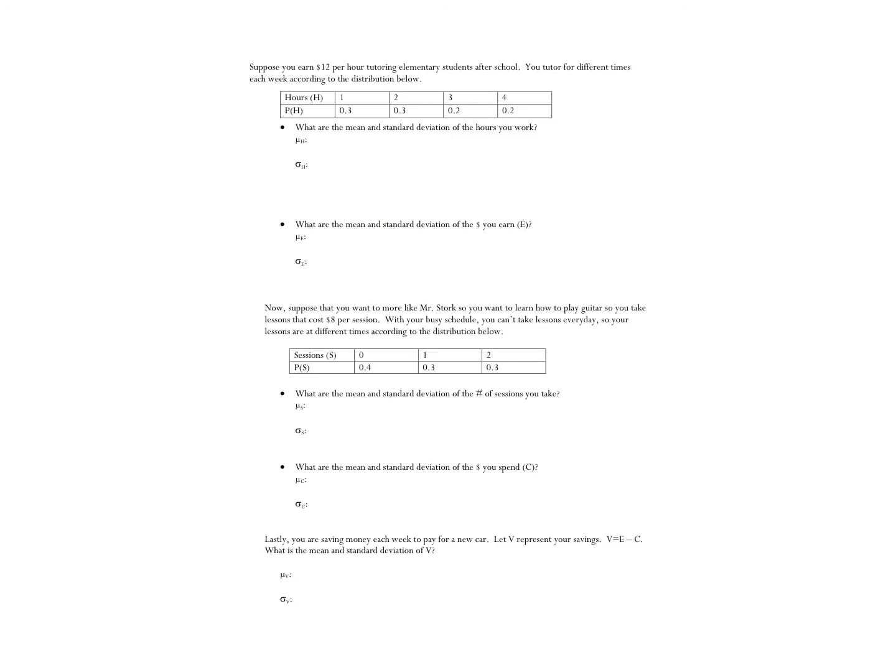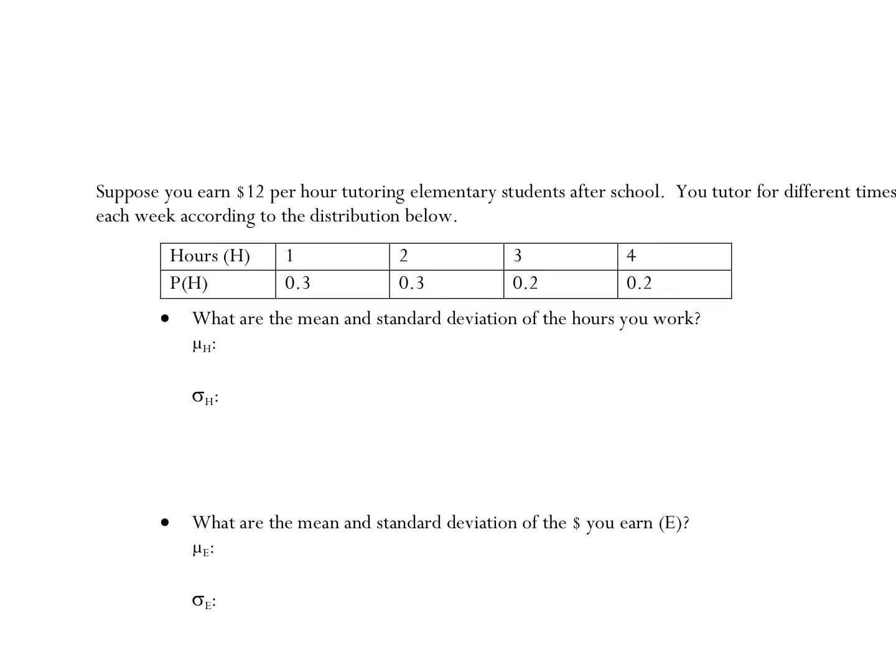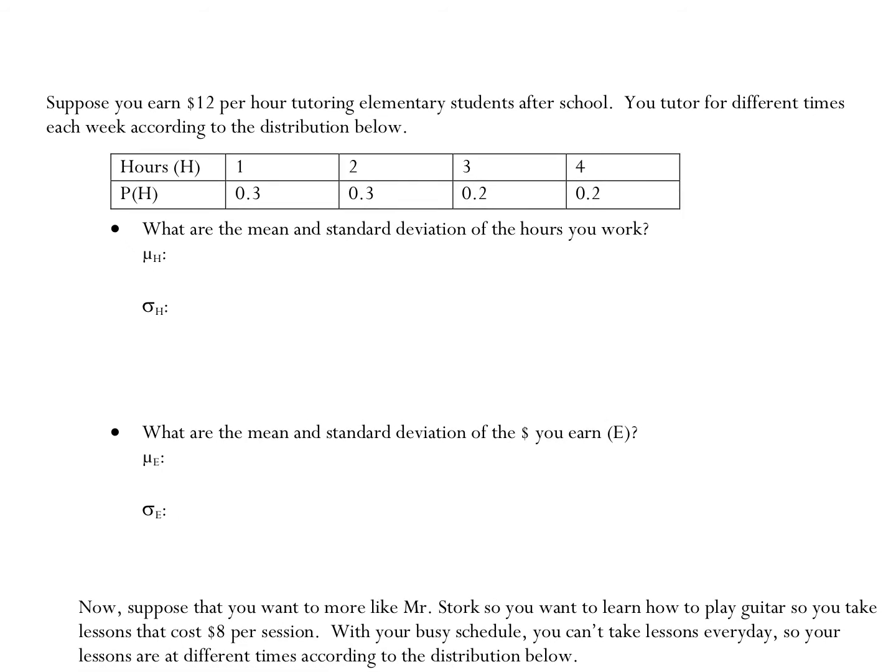All right. So let's go through an example to kind of make some sense of this. Let's say that you have a job working $12 an hour to tutor someone at the elementary school. And the number of sessions you do in a week kind of changes throughout. So you can either work 1 hour, 2 hours, 3 hours, or 4 hours. And this is our probability distribution.